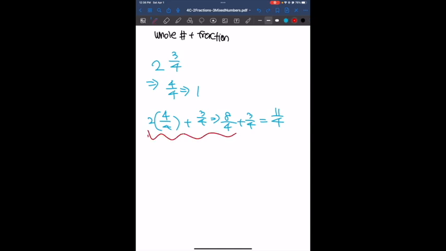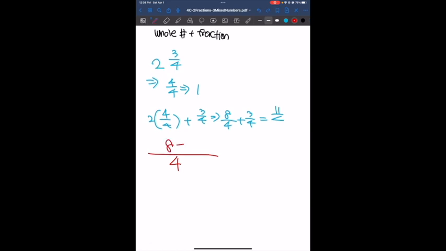So now that you've understood how to convert, what you do is you leave the denominator, and then you multiply the whole number by the denominator. So that's going to be 2 times 4, which is 8. And then you add the original numerator, and that's going to give you your improper fraction.